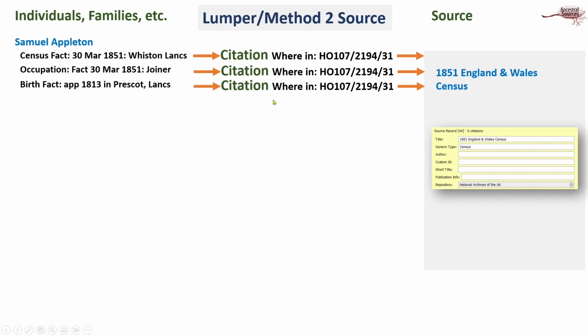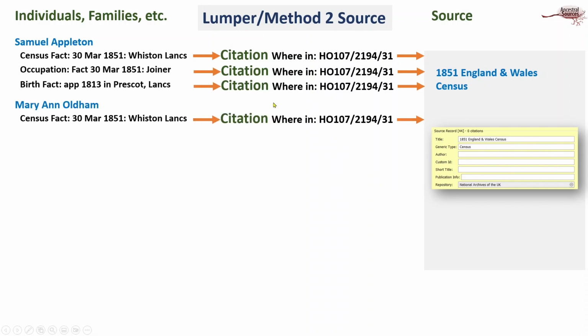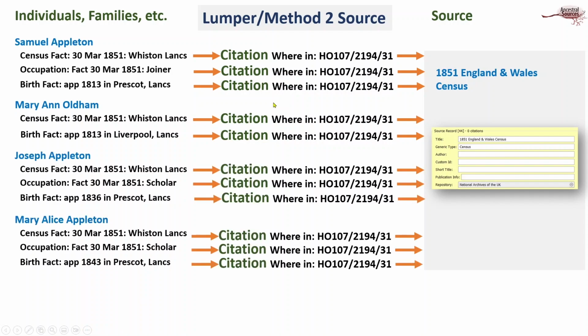So each citation that is created has that same data recorded in it for this household. So that's quite important as a concept to understand. We have to duplicate the same data multiple times. So within our file, we've recorded this census reference, in this case, 11 times.